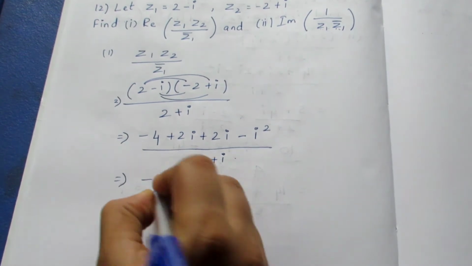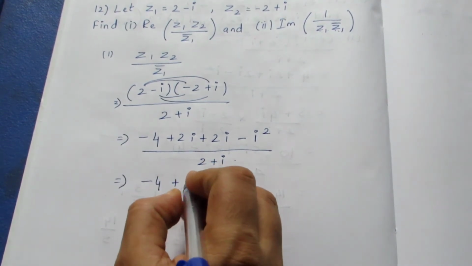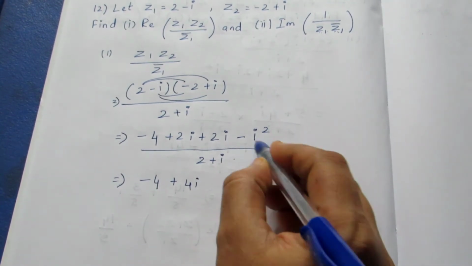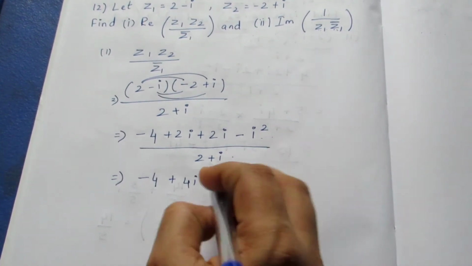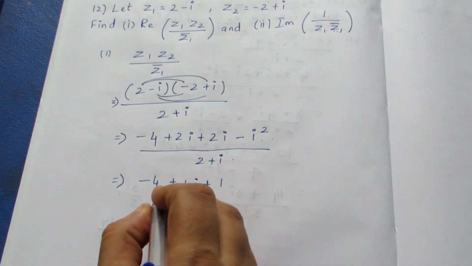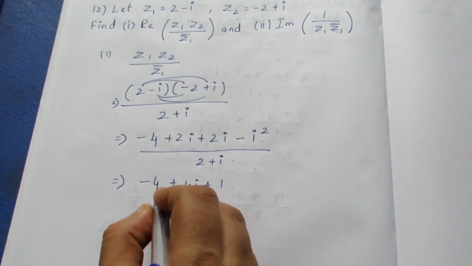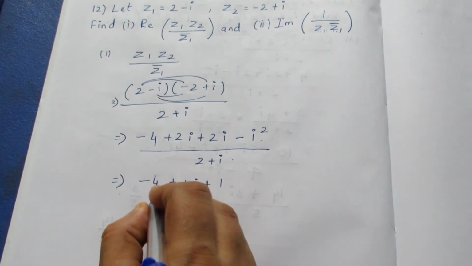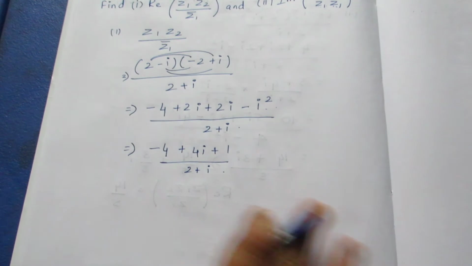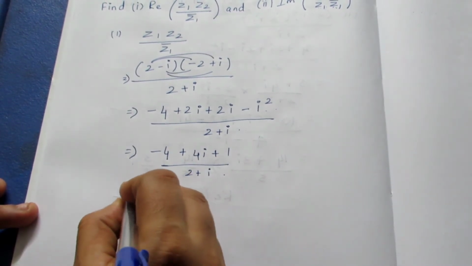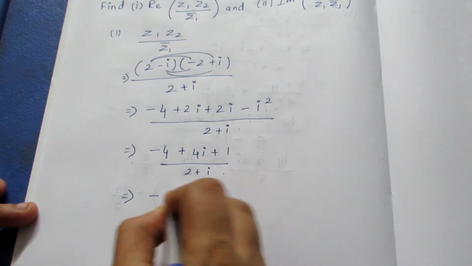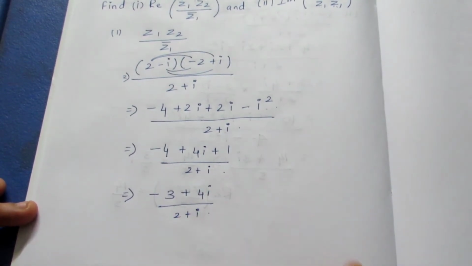So minus 4 plus, here it is plus 4i, here it is minus 1, i square is minus 1, minus into minus will become plus 1, by 2 plus i. Now solving this, we get minus 3 plus 4i by 2 plus i.